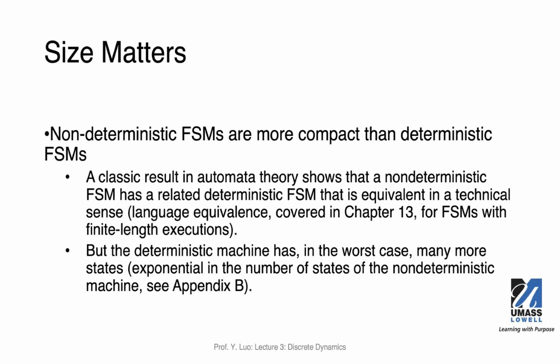If you took a compiler or automata theory course, you learned that a non-deterministic finite state machine can be equivalent to a deterministic one, but the non-deterministic one has a very small number of states. In the worst case, a deterministic finite state machine may have an exponential number of the states of the non-deterministic finite state machine.